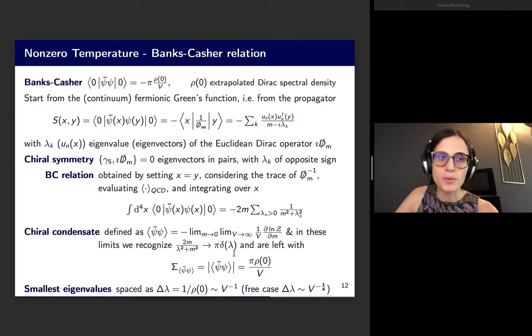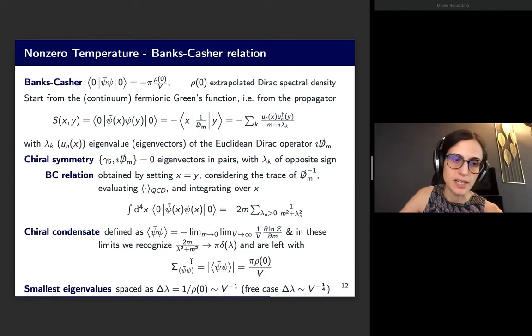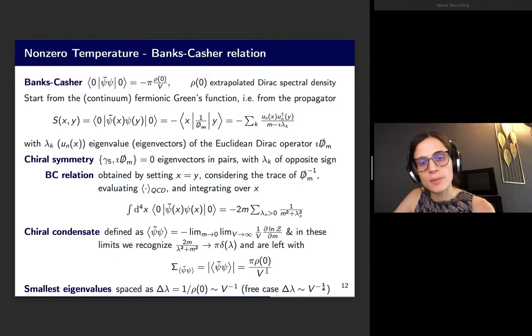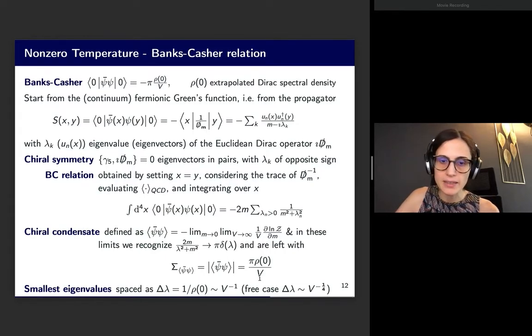And we are left with basically the final result, which is very well known and goes under the name of the Banks-Casher relation. One particular remark about this formula is that we can see how the dynamics of strong interaction is affecting the interspacing, the distance between the eigenvalues, which in the free case would have been proportional to the inverse linear size of the lattice, and then it would have to go with the volume like this.